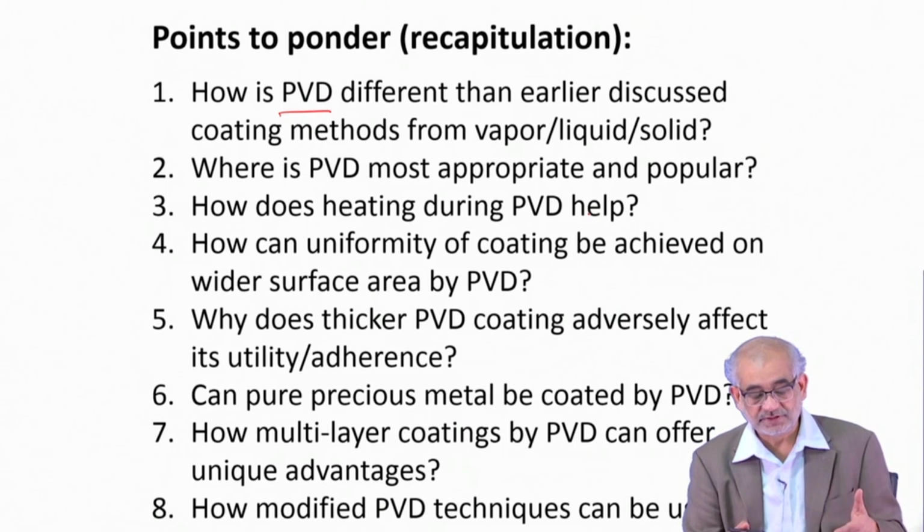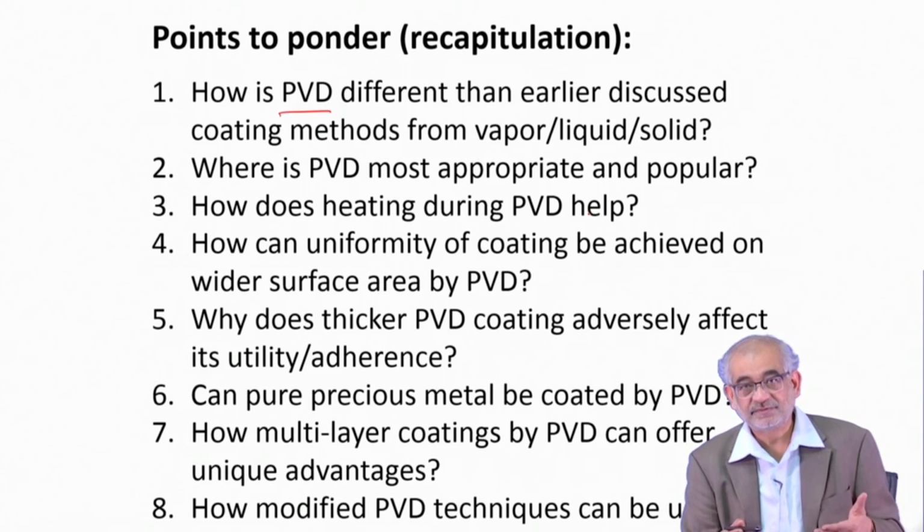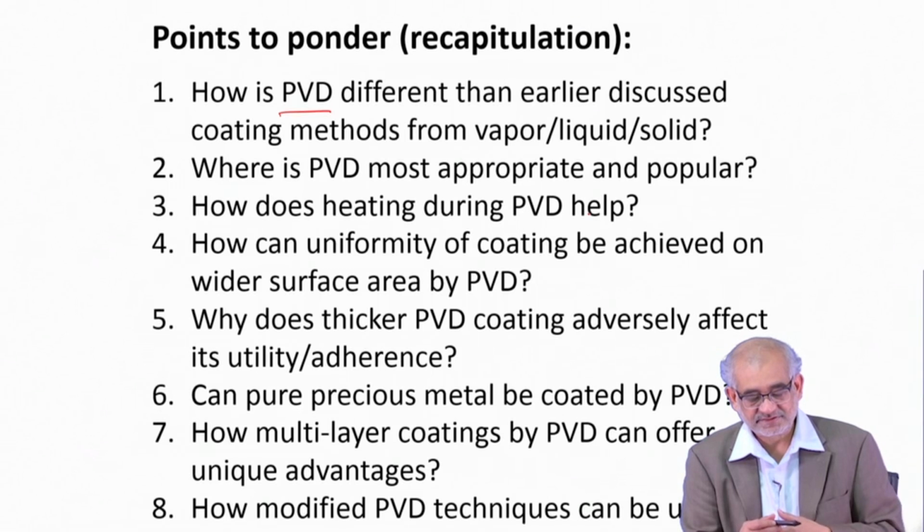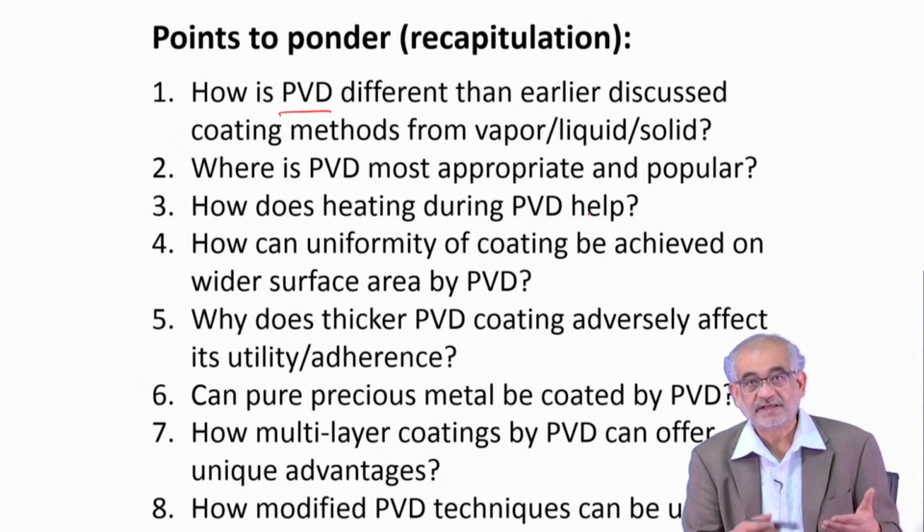If we want to create a thicker coating, then we must be aware that this could lead to decohesion because of the stresses generated at the interface. So we can coat pure metals, we can coat compounds, we can coat alloys.